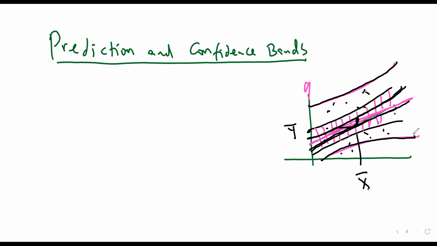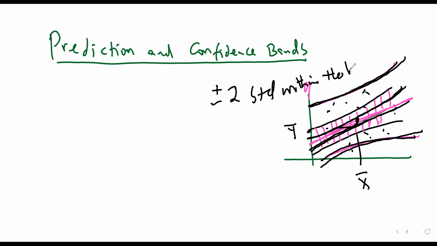As you increase the size of the sample, these bands will become narrower and narrower, though they will never collapse to a single line. What will happen is that they'll approach plus and minus 2 standard deviations within the line.